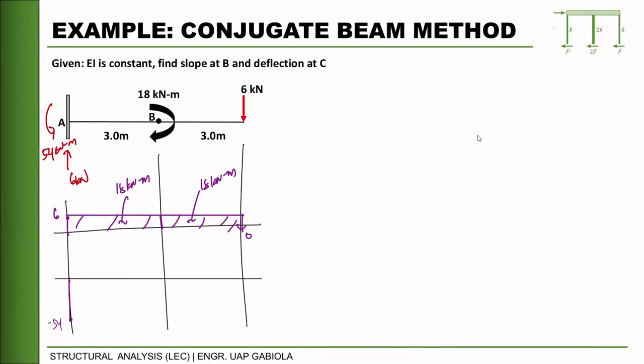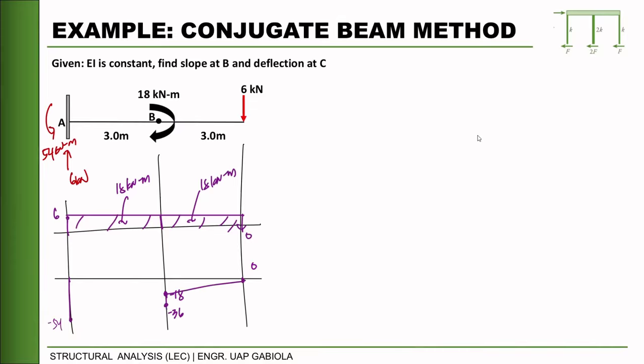Next is the presence of this loading. From negative 54 plus 18, that will yield negative 36. Then because of the clockwise rotation of the moment at center, it will be negative 18, and from here it will be 0.